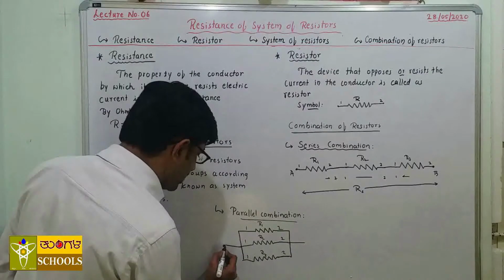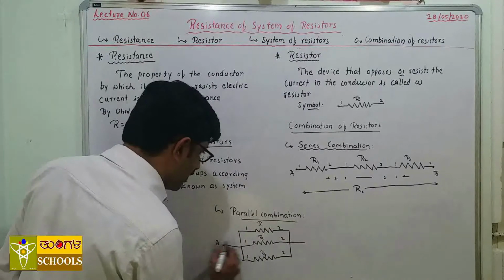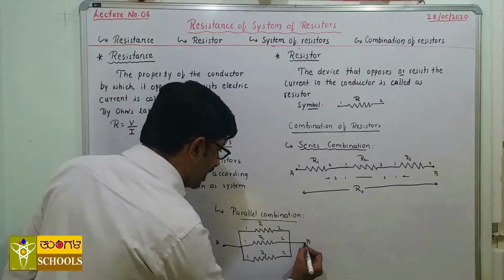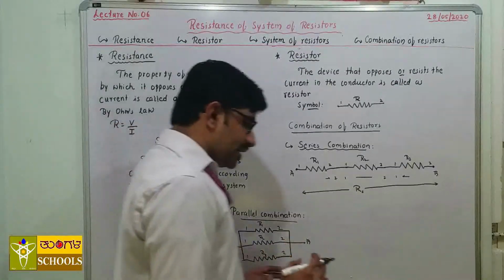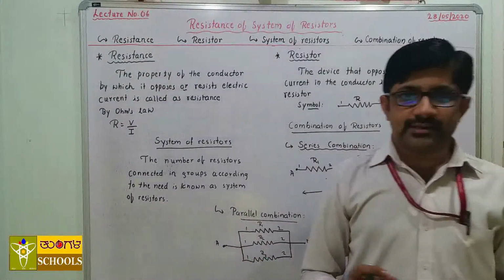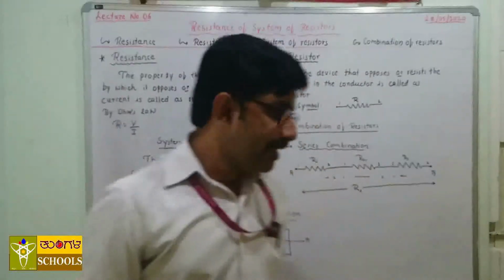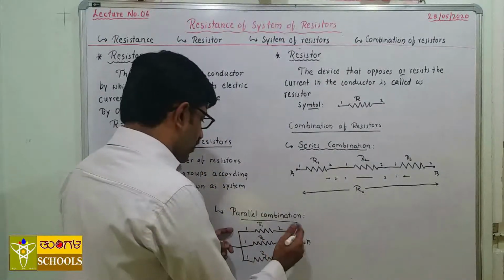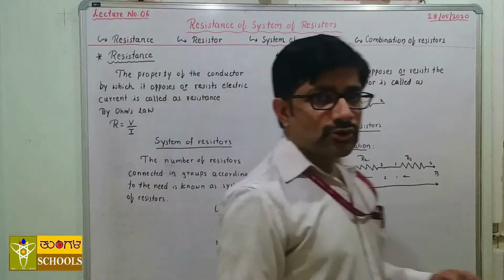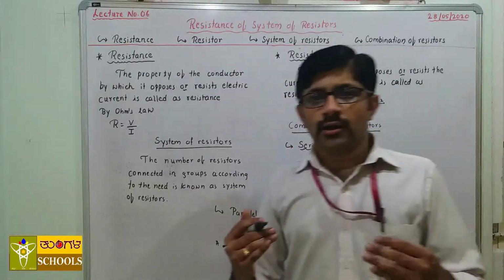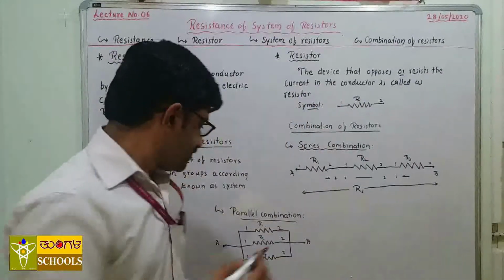So we are assigning the points A, B here. Diagrammatically we follow it like this to see them in systematic order. Practically you can connect wherever you want, from these two ends or these two ends or these two ends. The choices are there, you are allowed to make that connection.